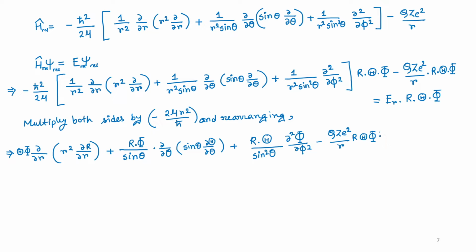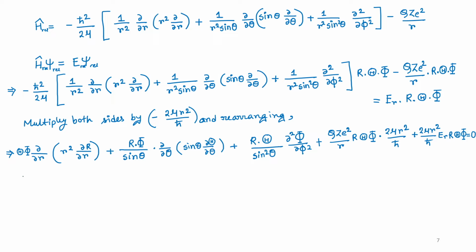Also you remember we have multiplied it by minus 2 mu r square divided by h cut, and that's why the right hand side will also become negative, so we will take that into the left hand side, so it will become positive. That is 2 mu r square by h cut times E times R Theta Phi will be equals to 0.